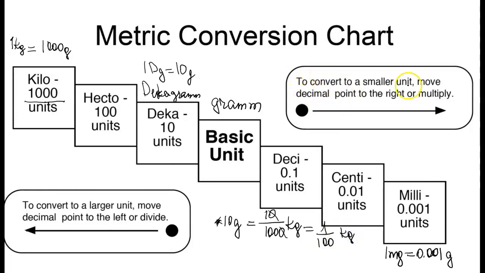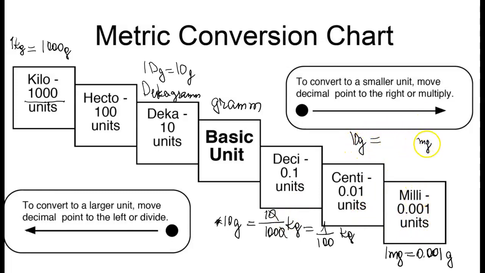And another example: to convert to a smaller unit, you need to move the decimal point to the right, or multiply. So you have 10 grams, and you need to convert them to milligrams.